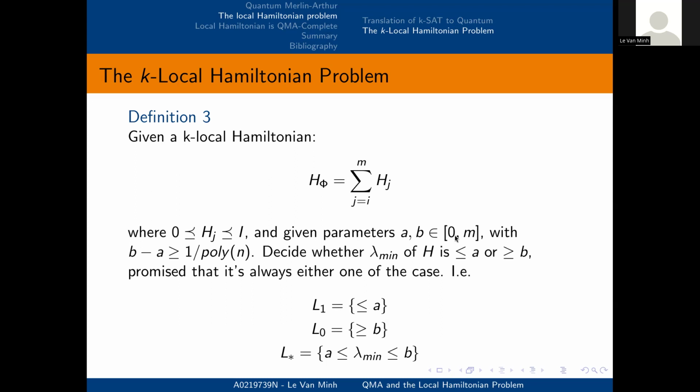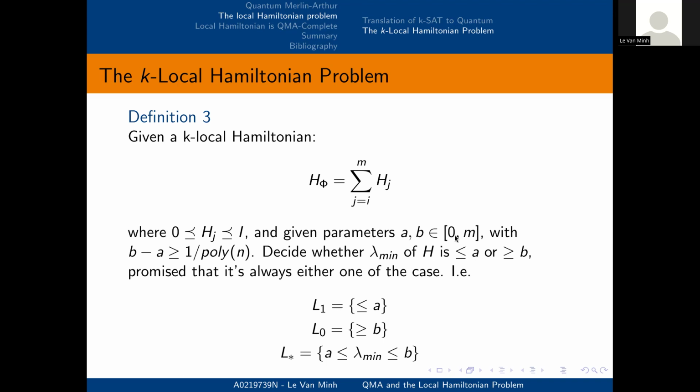We have to decide whether the minimal eigenvalue of H is less than a or greater than b. And we are promised that it is always one of these cases, that is, we are never going to receive any instance of H such that its minimal eigenvalue is between a and b.